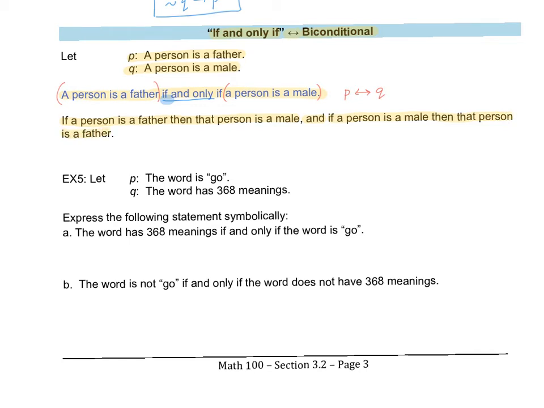The first part, father was P, that would be P arrow Q. And this would be Q arrow P. So it takes these two conditional statements in different order and puts them together into one biconditional statement.